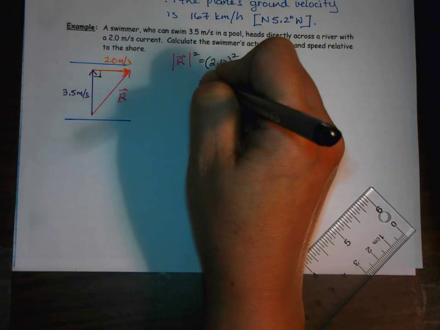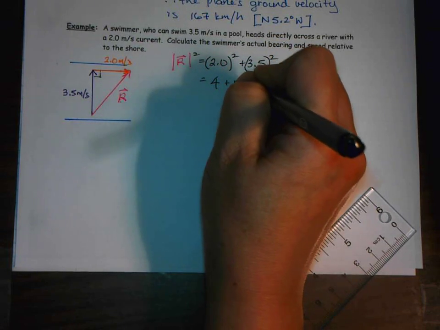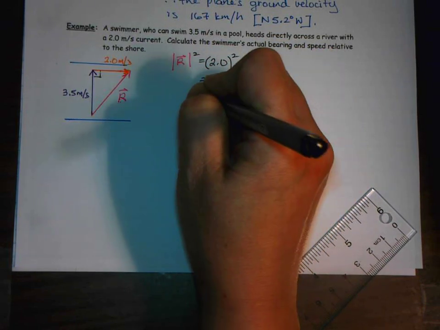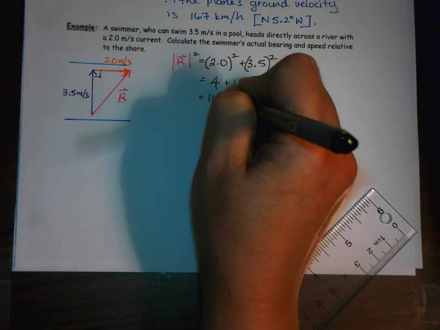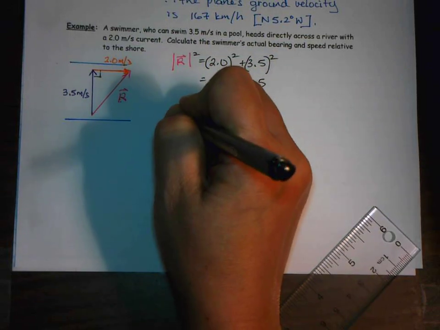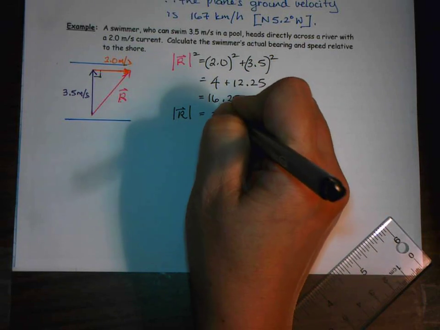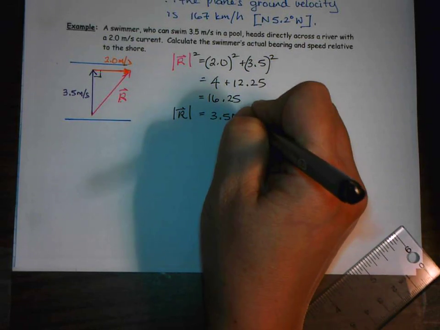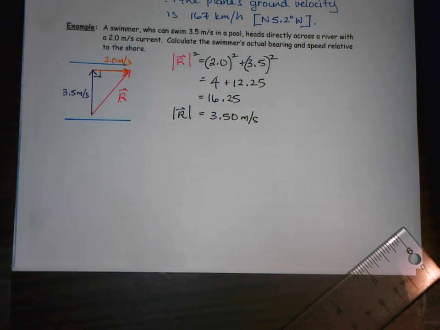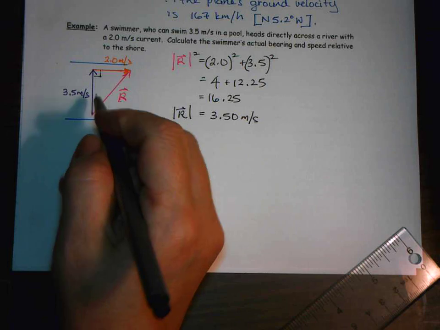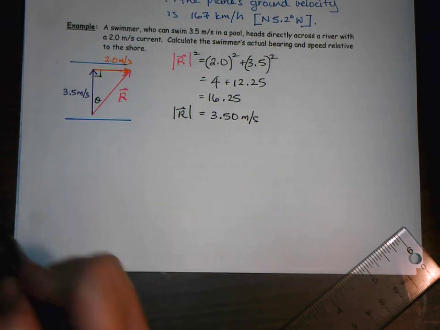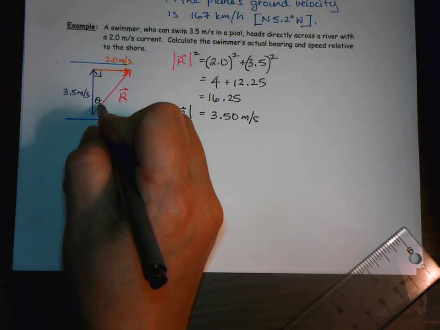And that comes out to be 4 plus 12.25, which is equal to 16.25. So the magnitude of r comes out to be 4.03 meters per second. What we also need to find out is this angle in here, theta, and I'm going to call this theta 1.